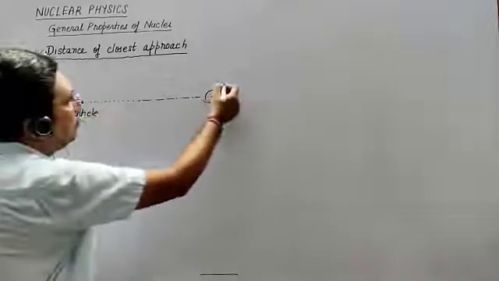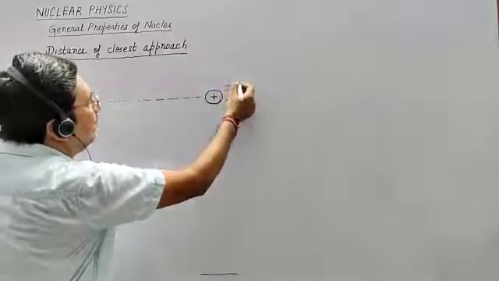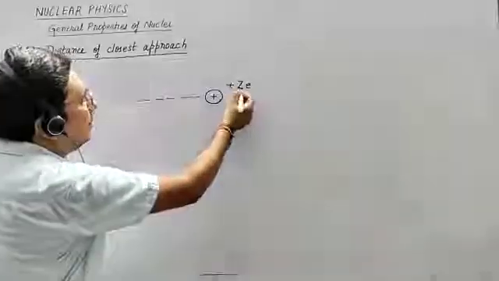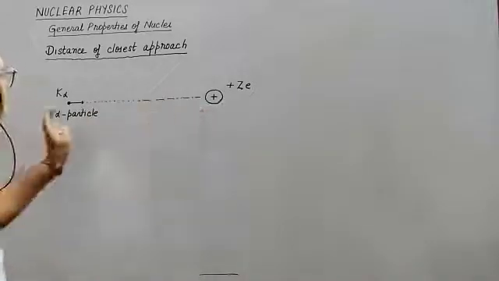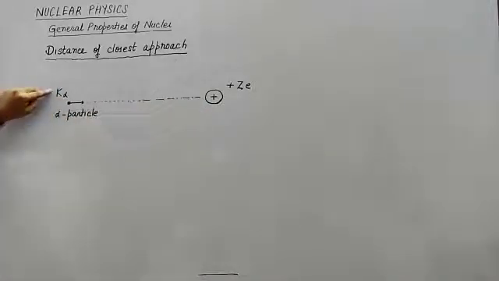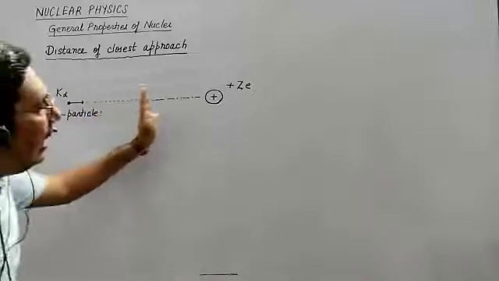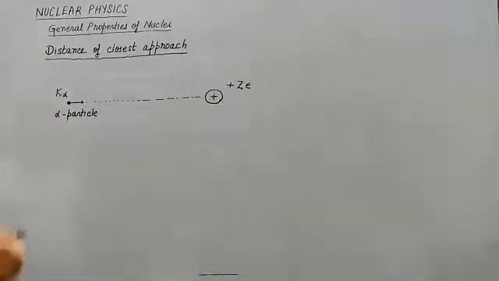Suppose the charge on this nuclei is plus Z. Z is the atomic number of the nuclei, or charge number of the nuclei, and this alpha particle with kinetic energy K alpha is approaching towards this nuclei. Then what will happen?